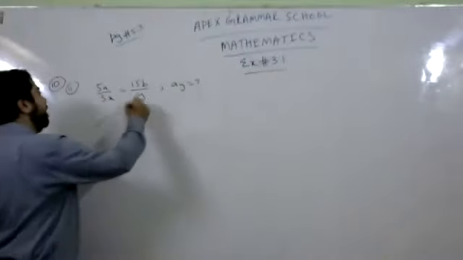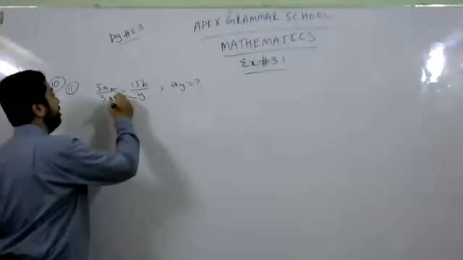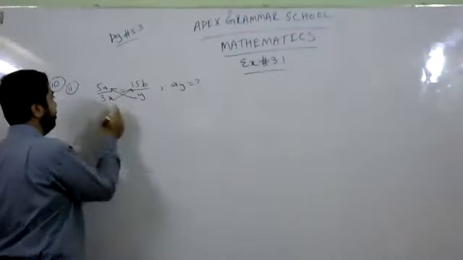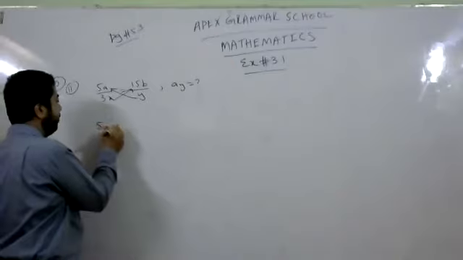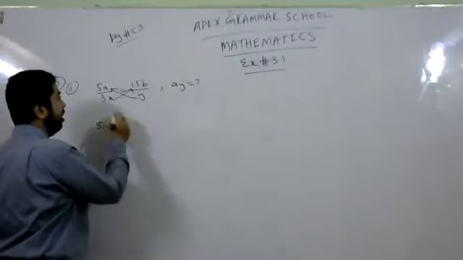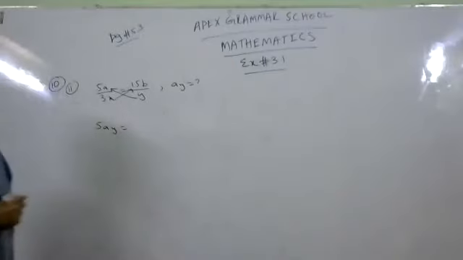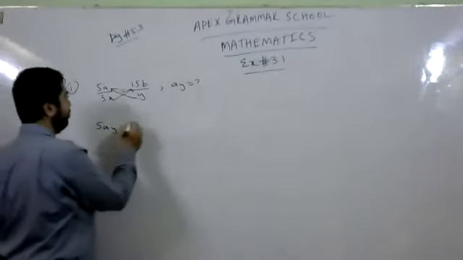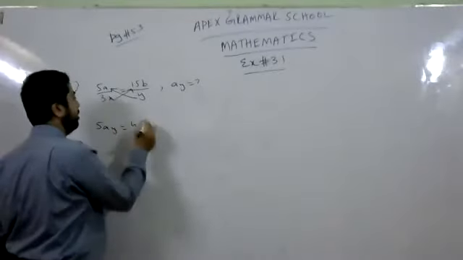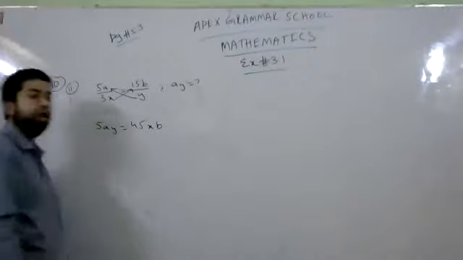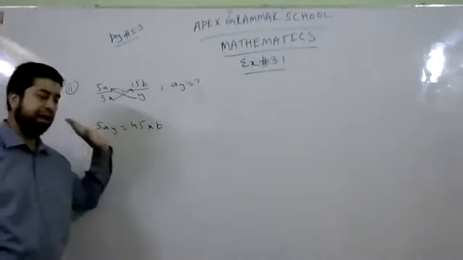So y is going to multiply this 5 and 3x is going to multiply this 15b. So 5y is equal to 3 times 15 makes 45, x and b.